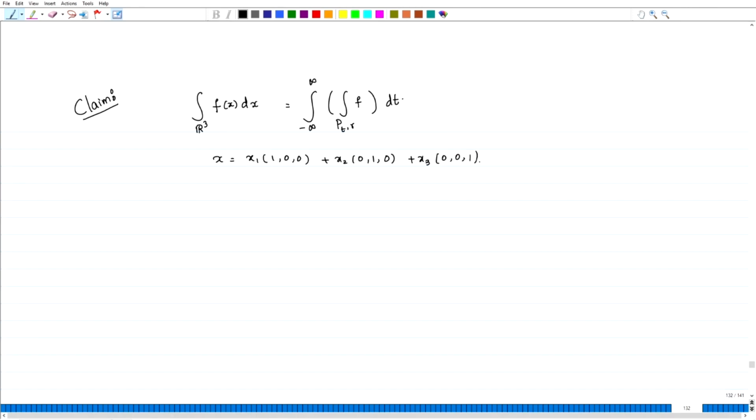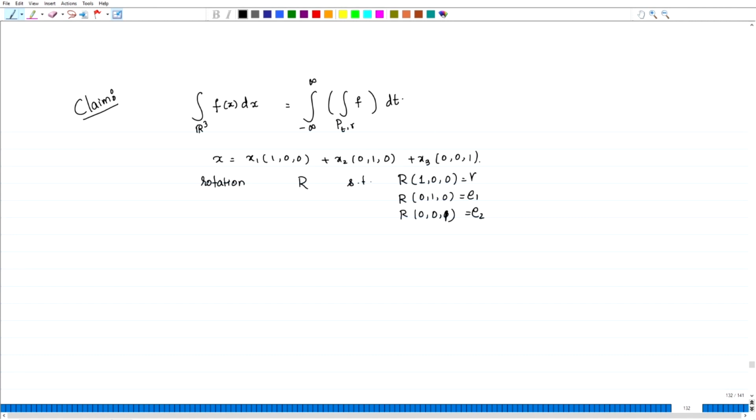So, we get the rotation R such that R of (1, 0, 0) is equal to gamma, R of (0, 1, 0) is equal to E1, R of (0, 0, 1) is equal to E2.